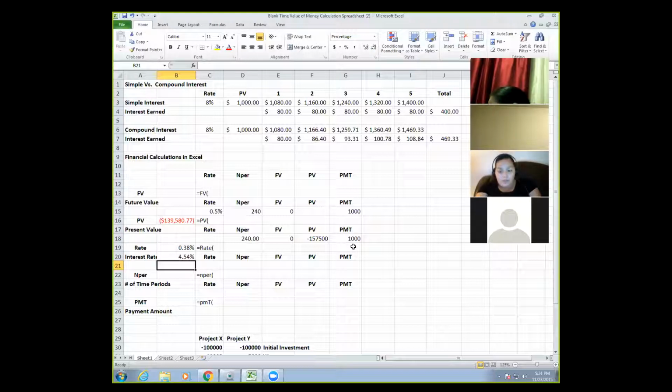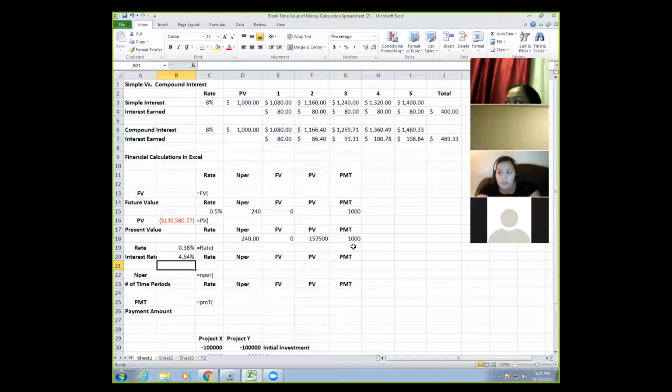Just start typing it in there. Yeah, rate, right? So now you have the prompts down here. Oh, I was doing this the whole time. No, I'm sorry. I had to make it text, or it would give me an error every time.